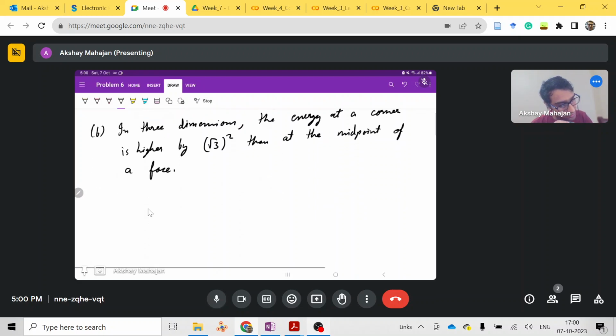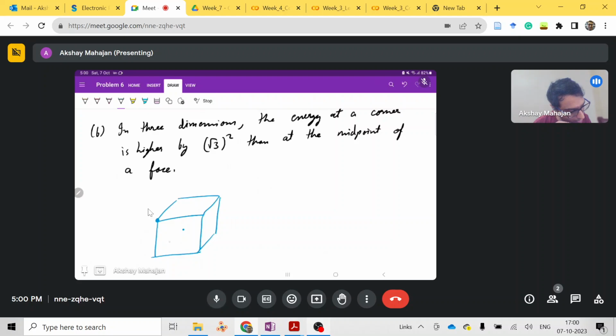For this, again you have to just draw a cube. Let's say this is my cube, and I will have a center here, one corner here, and this one length here. Let's say this will be some length k. I have to join this line here.